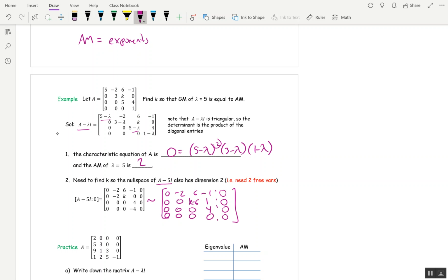So in terms of pivots, I've got 2 pivot columns. And I want 2 non-pivot columns. So the only way I'll get 2 non-pivot columns is if K is 6, because I don't want to pivot here. So I'm going to need K equals 6.